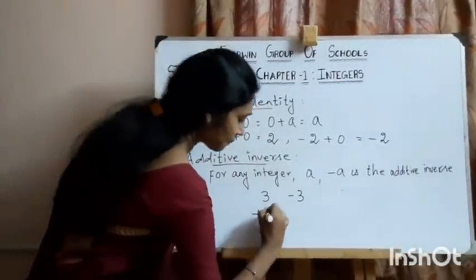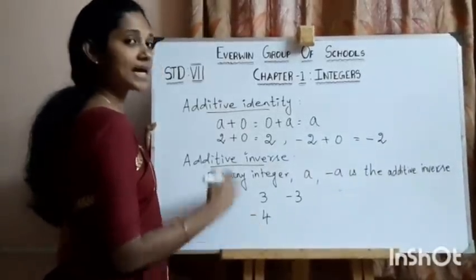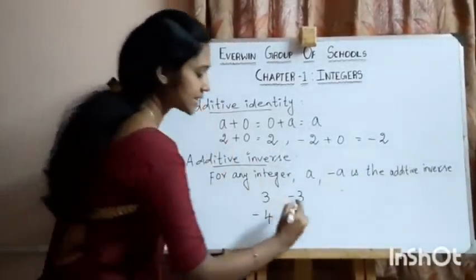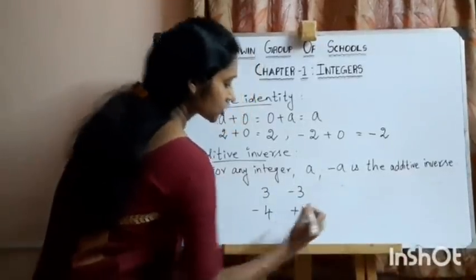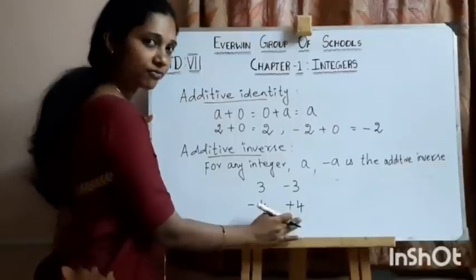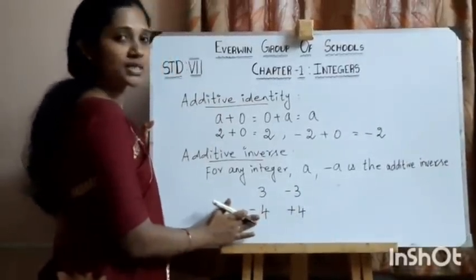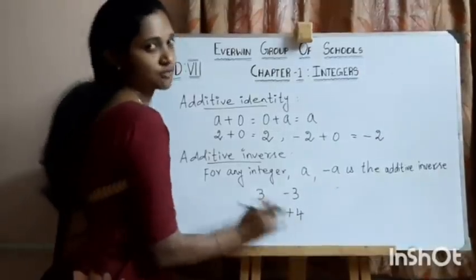In case take minus 4, this is a negative number. What is the other version? It's positive, that is plus 4. So minus 4 plus 4 is the additive inverse of minus 4, and vice versa, that is minus 4 is the additive inverse of plus 4.